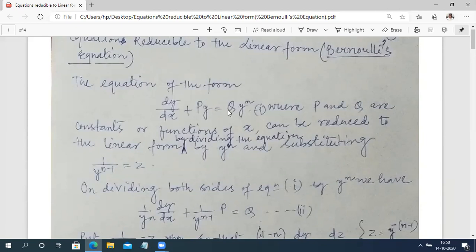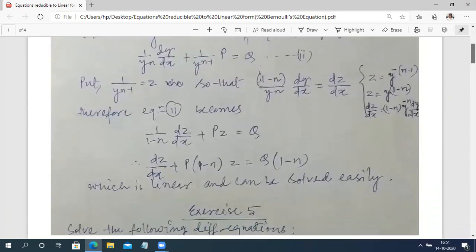Then substitute the coefficient of p, whatever value of y comes after dividing by y to the power n, you substitute that term equal to z, and then find dz by dx. Substitute this value over here, and you will find that this equation will become a linear equation in z.